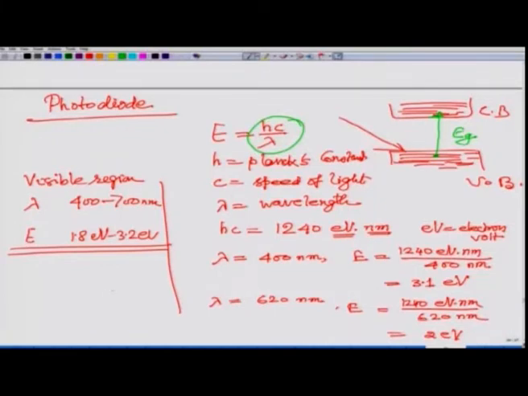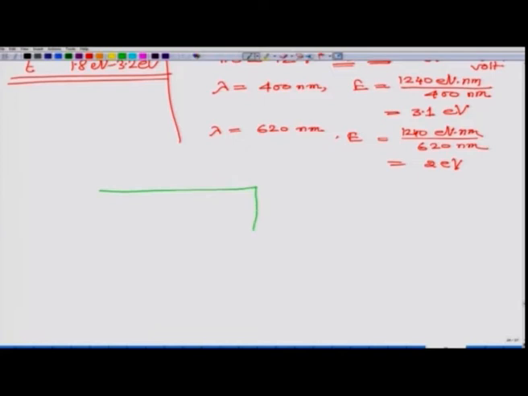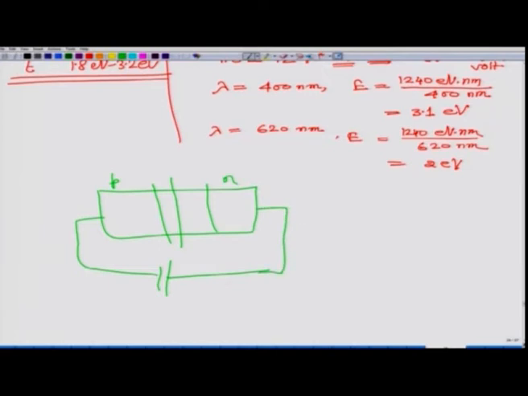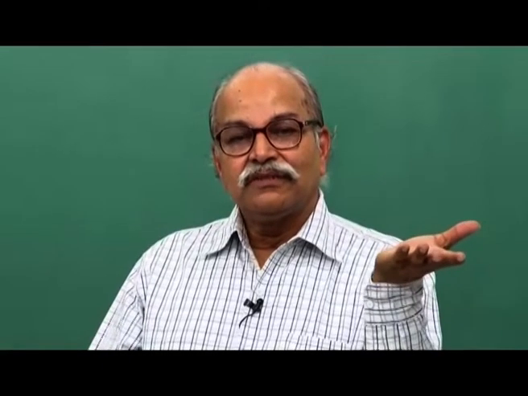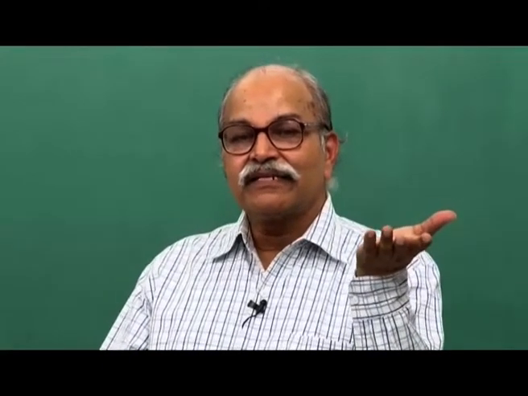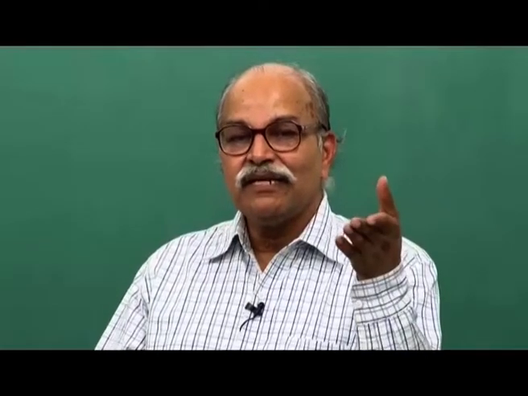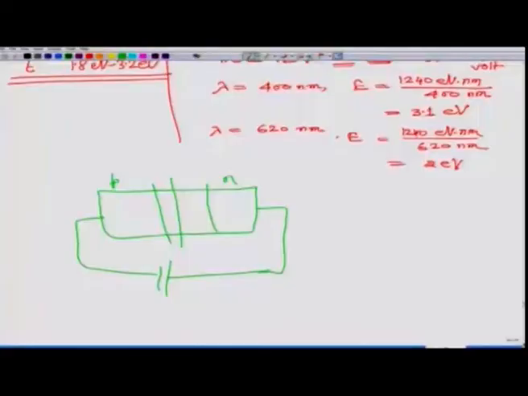So, if you have, let us say, this junction, and then you have connected it to a battery, forward biased or reverse biased. This particular figure is for reverse bias, you can also have forward bias. So, if the number of charge carriers increase, correspondingly you will have more conduction and the current will increase.